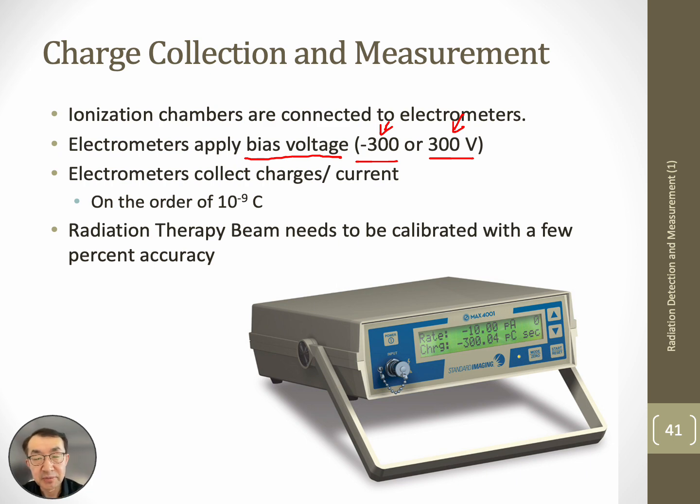I'm sure some of you already learned why we have these two different voltage setups: we want to eliminate the uncertainty because of this bias voltage itself. But that's another story. Typically we apply either positive 300 or negative 300, and also it collects the charges. It is a very high precision machine, so it can measure in the nanocoulomb range.